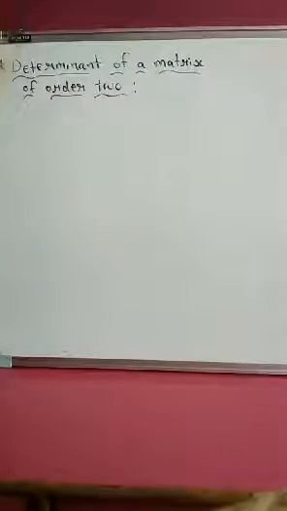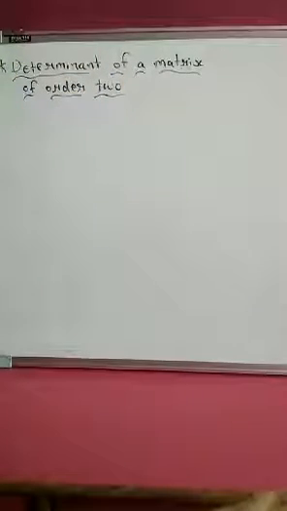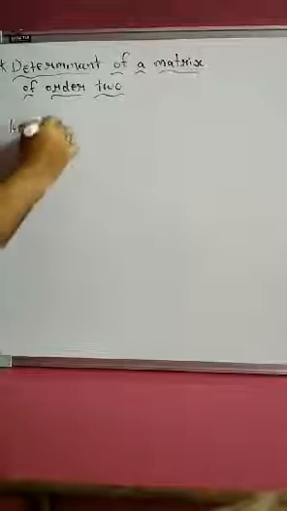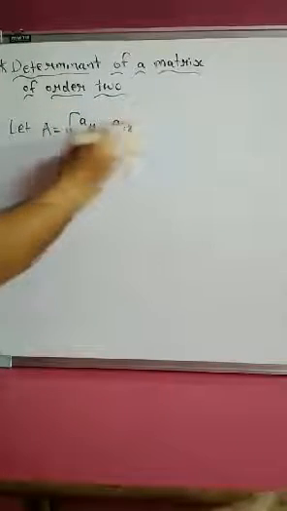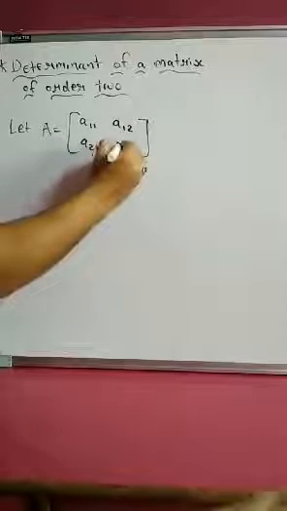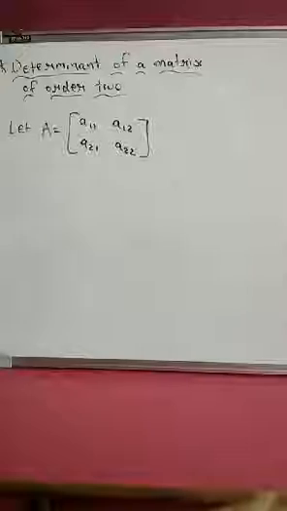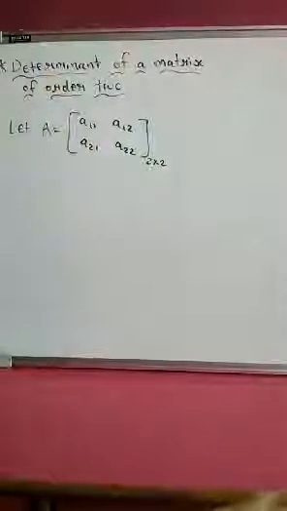Now what will be the condition in this case? If the order is 2, then what will be the condition? Suppose that A is equal to a11, a12, a21, a22. Let this be a matrix of order 2 cross 2.